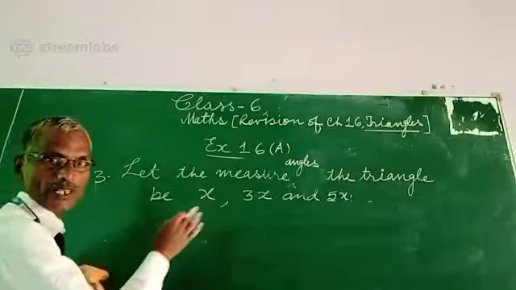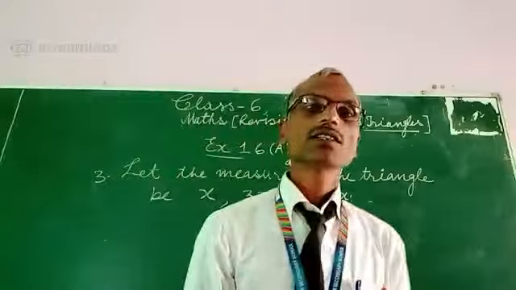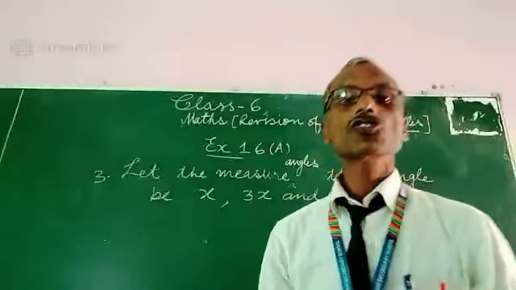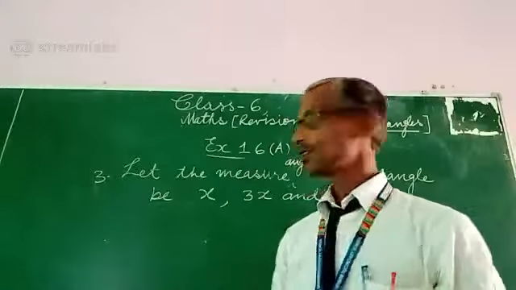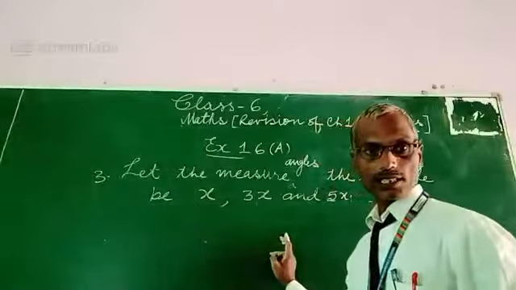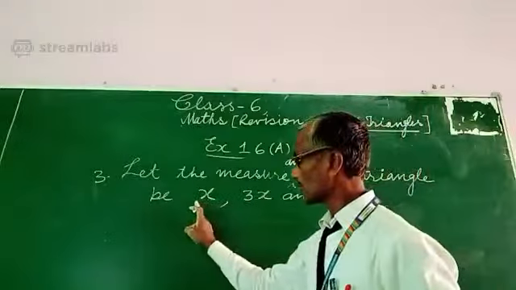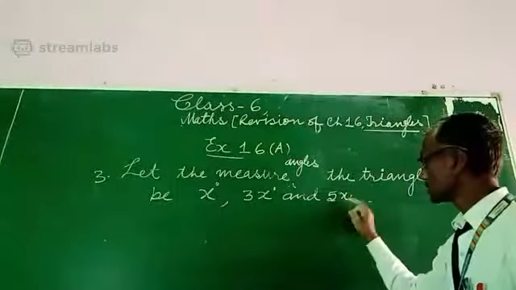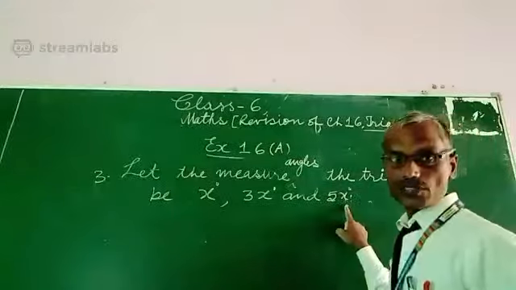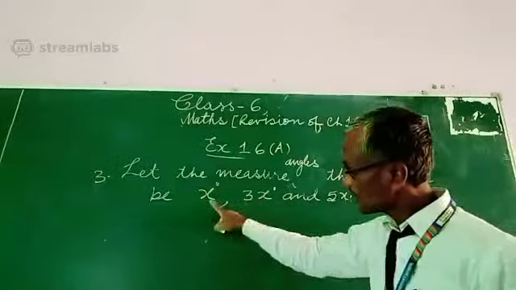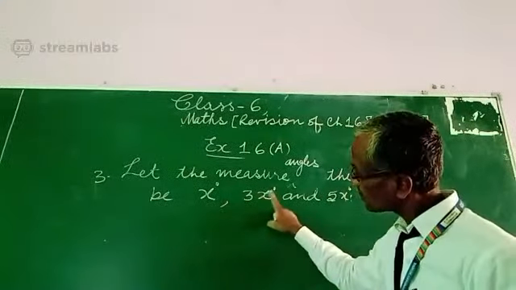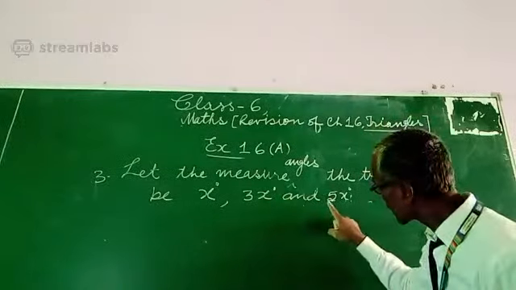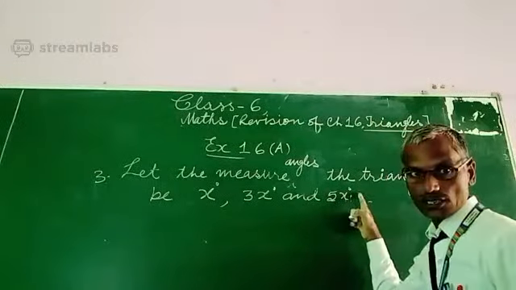By using the angle sum property, can you solve it? Please solve it. How many angles are there? First angle is x degrees, second angle is 3x degrees, and third angle is 5x degrees.